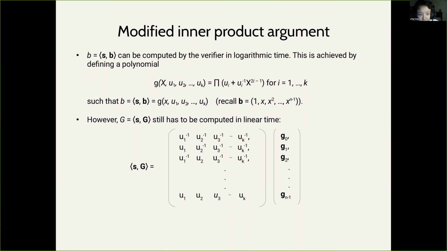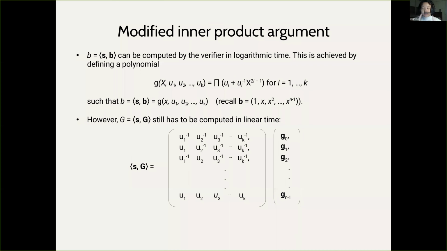If you recall, G is a vector of regular group elements, and it doesn't have a structure like B. So there's no way around it. What the verifier has to do is take the inner product of S and G, which are both length n vectors.